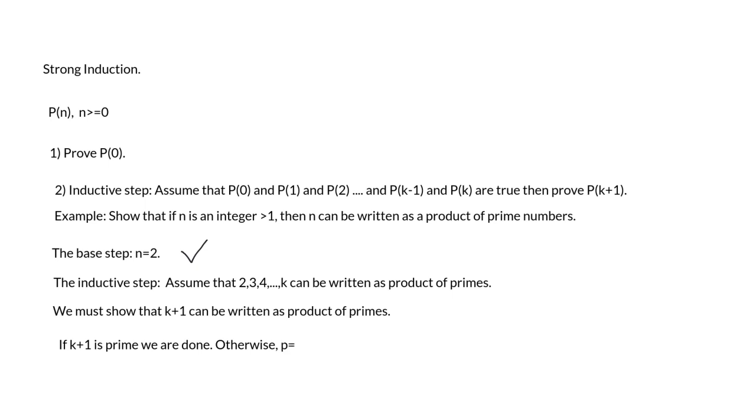Otherwise, we can write k plus 1 as m times some q, where m is greater than 1 and less than k plus 1, and also q is greater than 1 and less than k plus 1, because that's by definition of not being prime, that you can be divided by some other number.